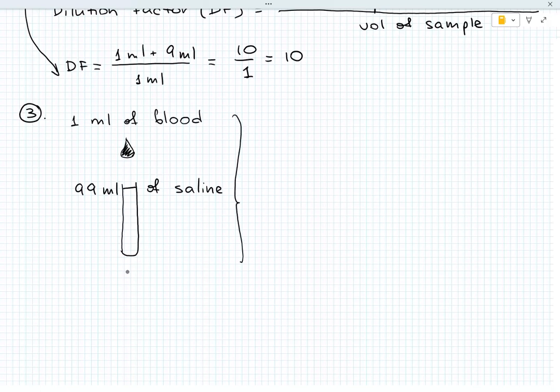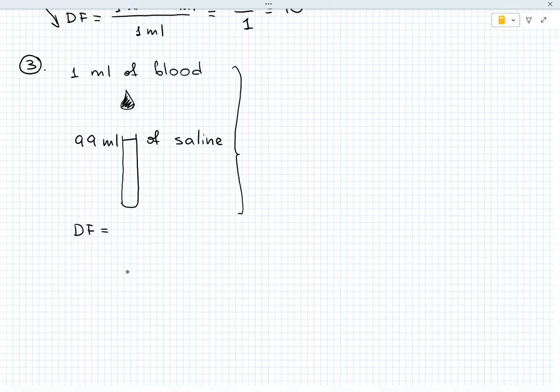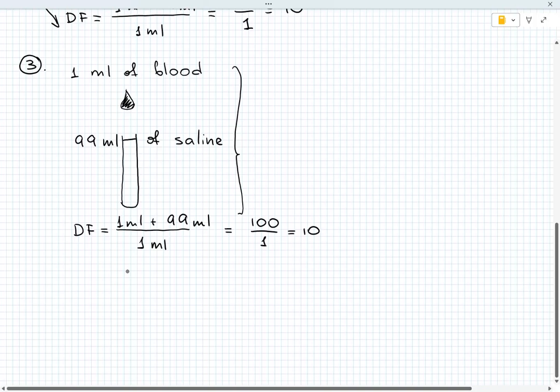So this is your dilution. What is the dilution factor then? Let's write it down. What is the volume of a sample? So 1 ml goes here, and 1 ml goes here. And what is the volume of the solvent? 99. So 100 over 1, meaning 100.